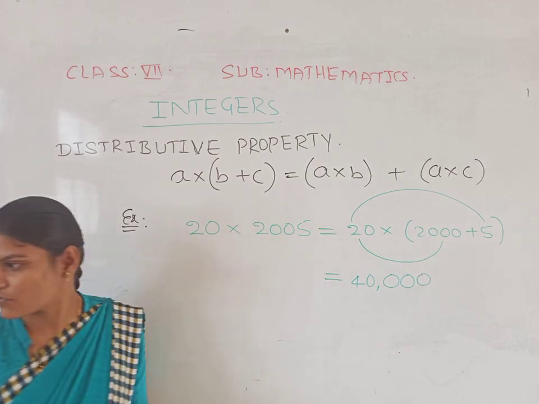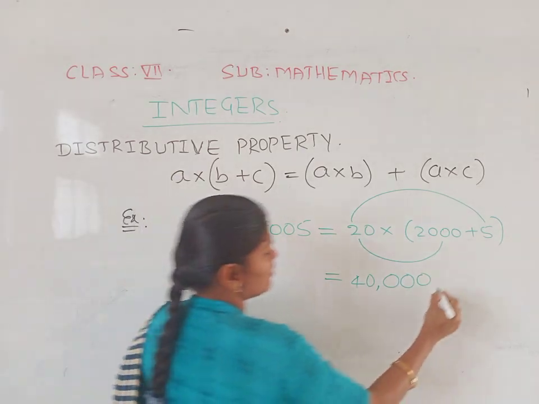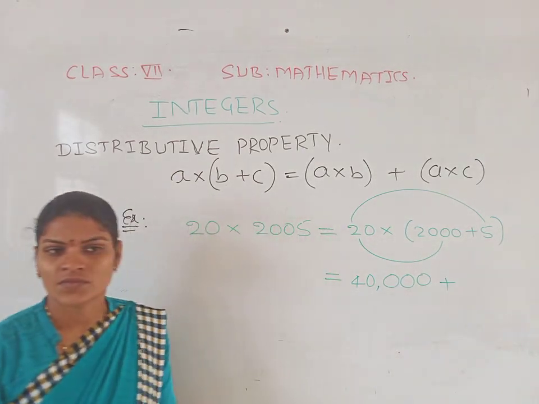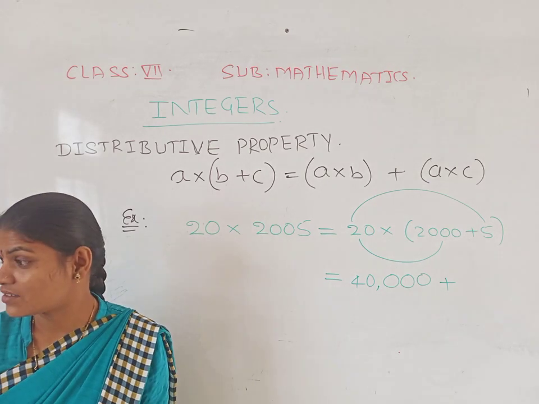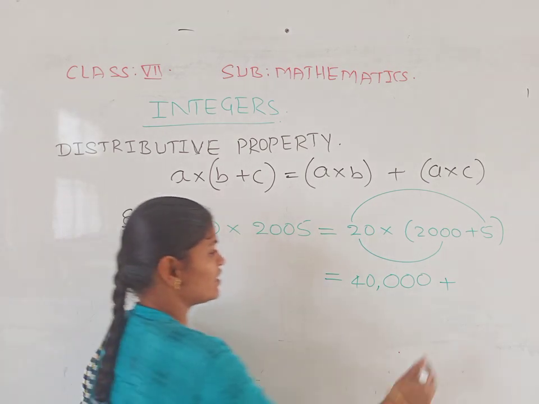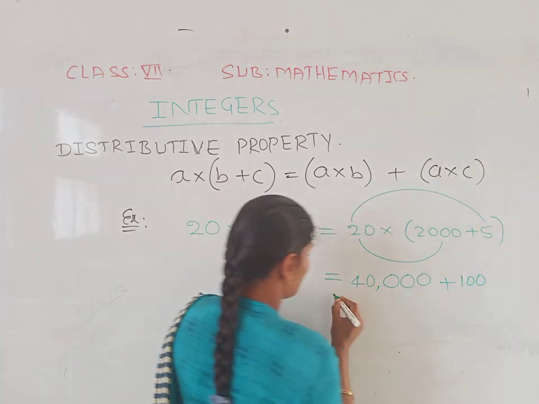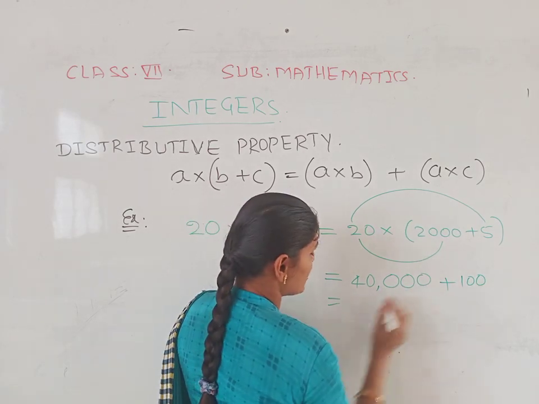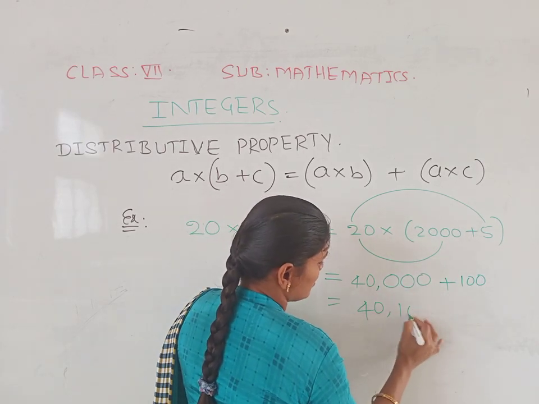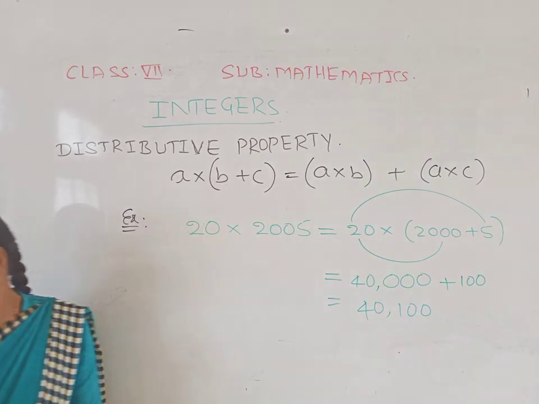So 40,000 plus 100 is 40,100. Very good. At least you have remembered this one. This is the product here.